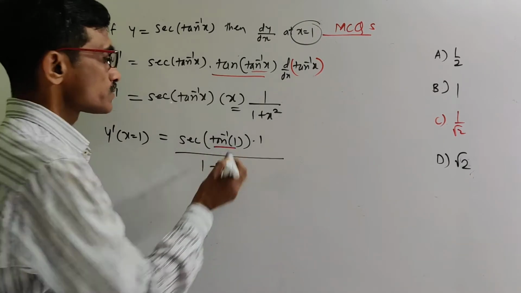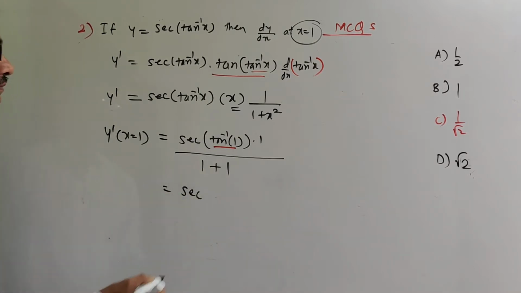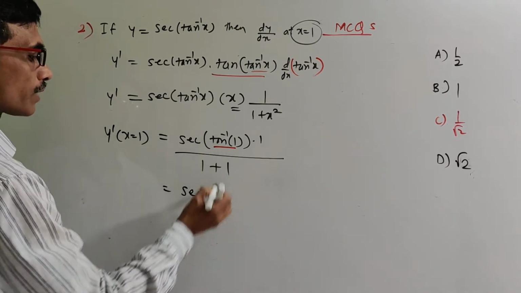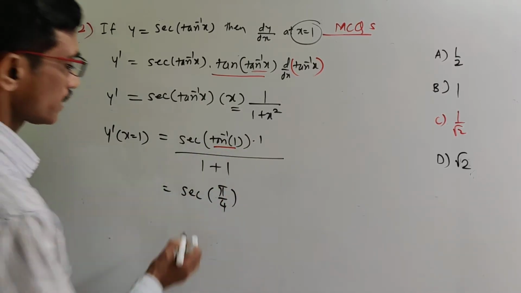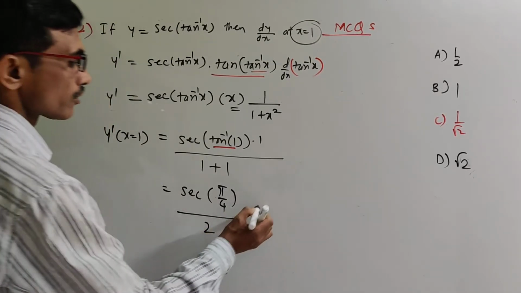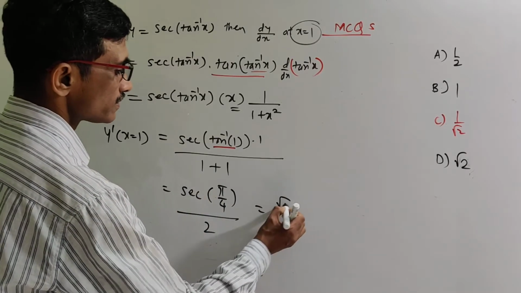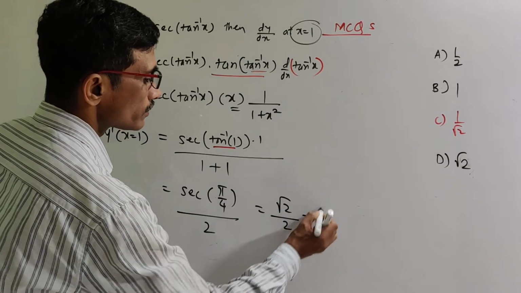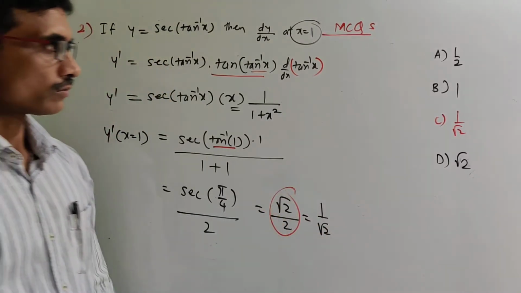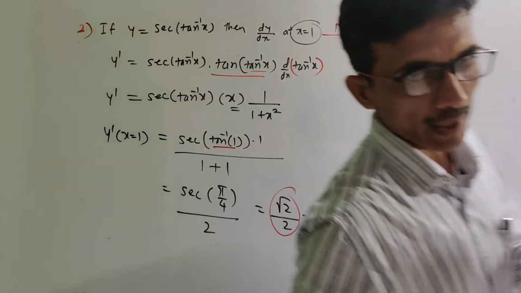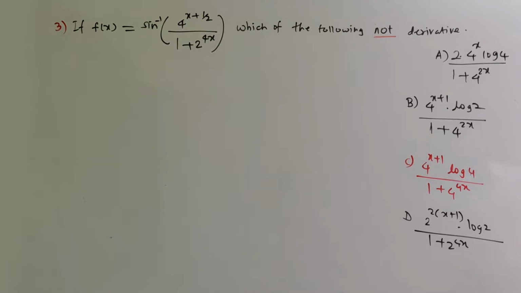Now tan inverse of 1 is pi by 4, and sec of pi by 4, that is 45 degrees, is root 2. That will give us root 2 upon 2, that is 1 by root 2. So 1 by root 2 is the option, C option is correct.